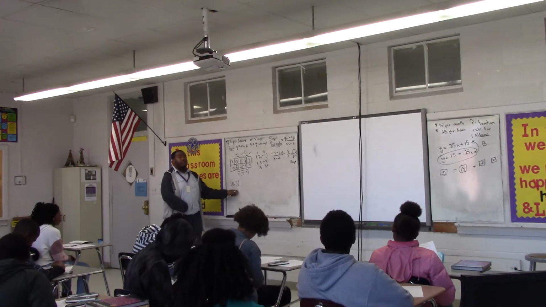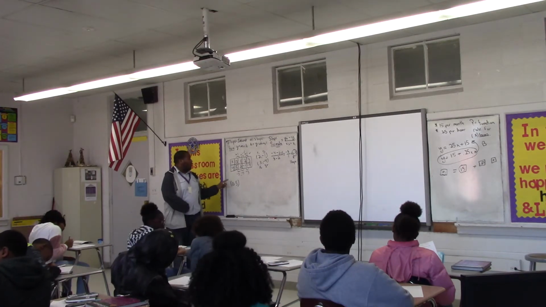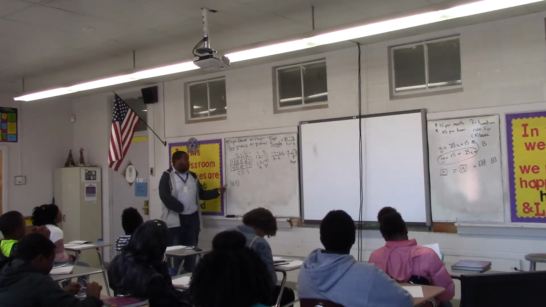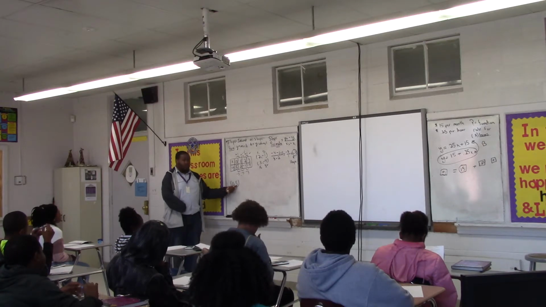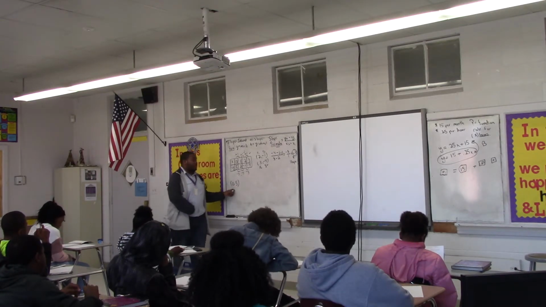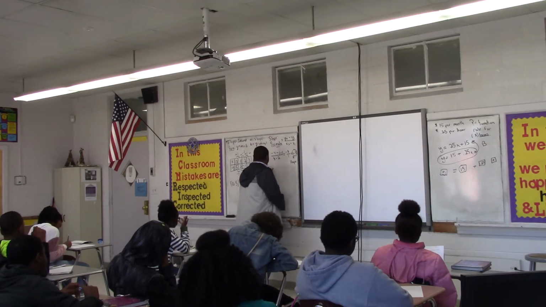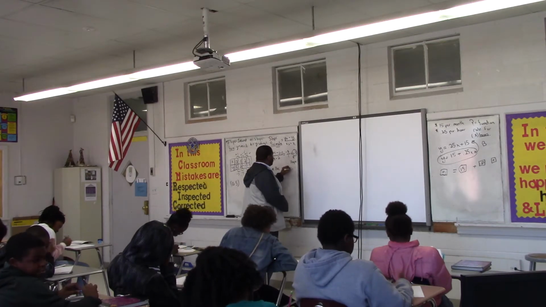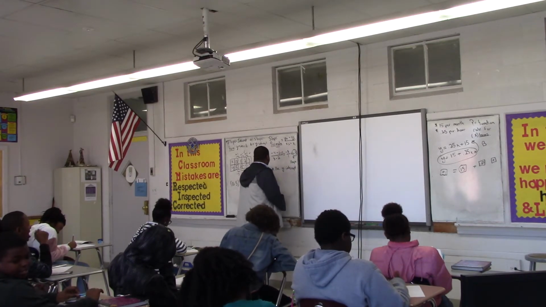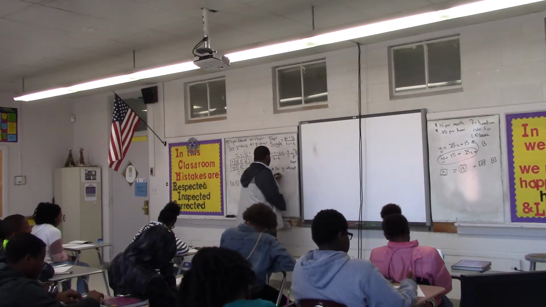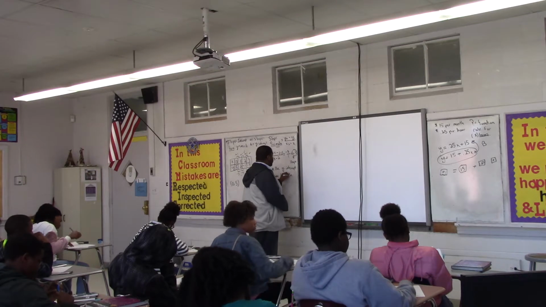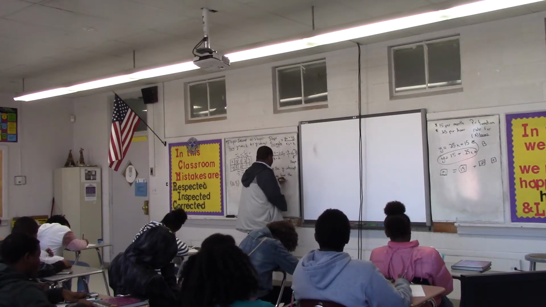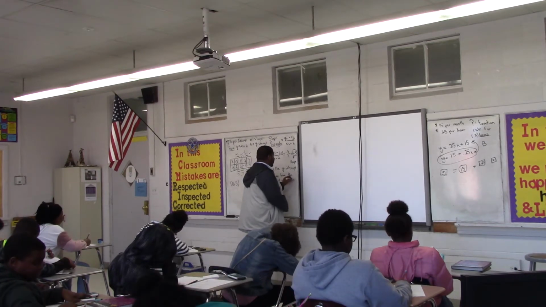Reason being, the y-intercept comes from the point where your x-coordinate is 0. When you have an ordered pair whose x-coordinate is 0, your y-intercept is the y-coordinate, okay? So let's write this down somewhere. The y-intercept comes from the point or ordered pair where x is 0.